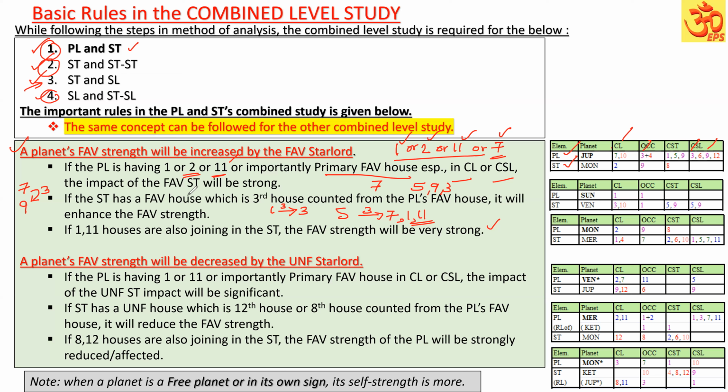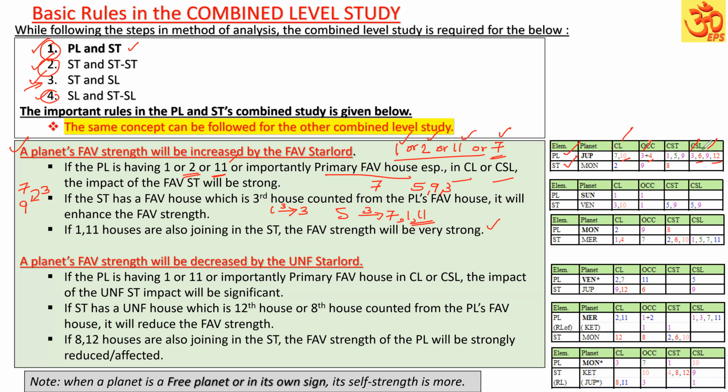As I said, the planet is having this favorable primary house. It is good. And also you can see it is having unfavorable 10, 4, and 6 and 12 in the sublord. It means it is also having some non-supportive houses. Along with that, 6 and 12 in the sublord, it is weak.